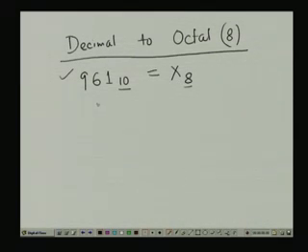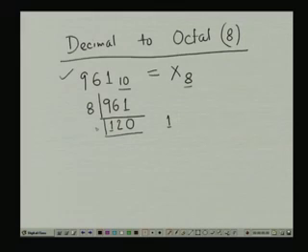That was division by the base. So again I am taking that number 961 and dividing it by my base 8. The quotient is 120 and the remainder is 1. Again I do the division, the quotient is 15, remainder is 0.